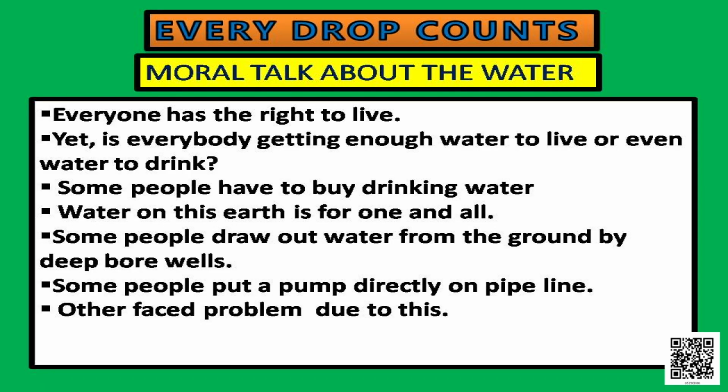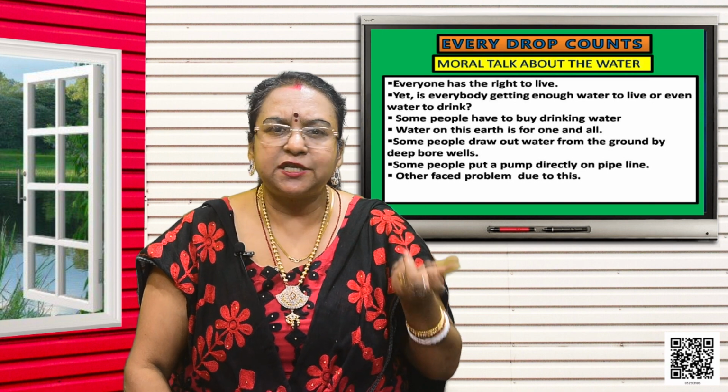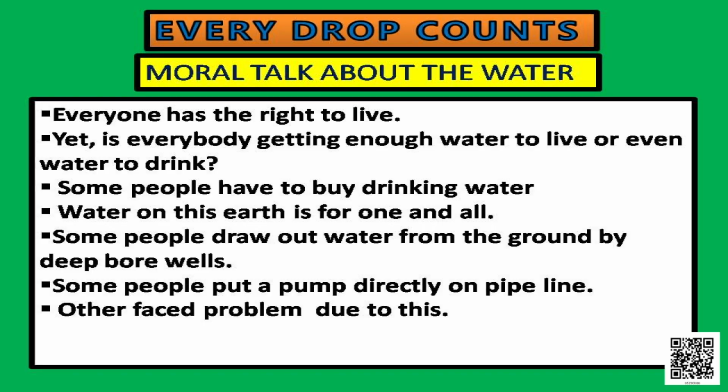Moral talk about water. When we are talking about water, its utilization, its conservation, then some sense of morality must develop. Let us talk over that. What are those? Everyone has the right to live. Yet, is everybody getting enough water to live or even water to drink?